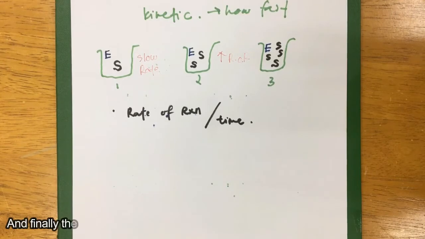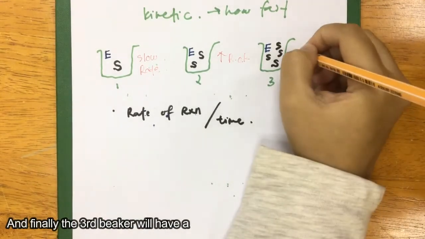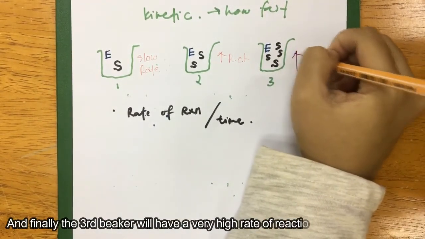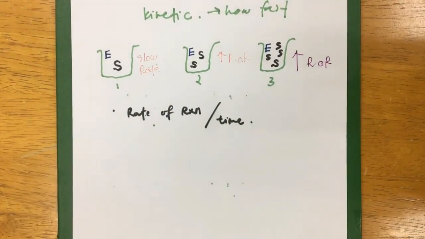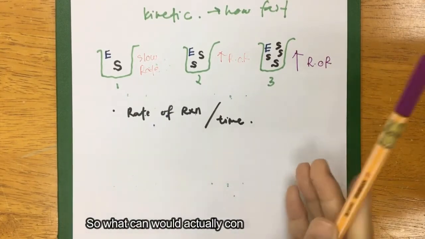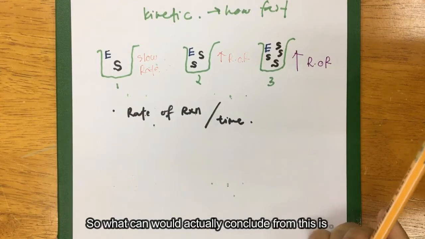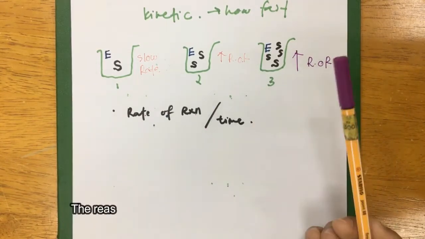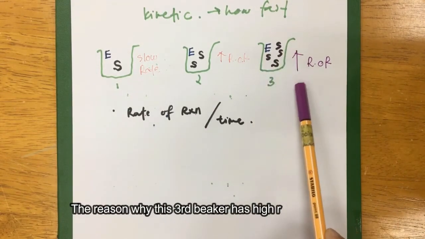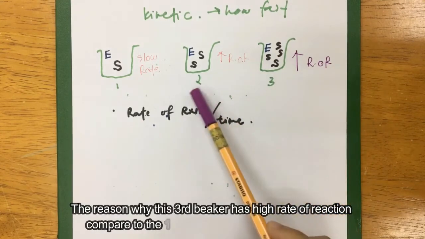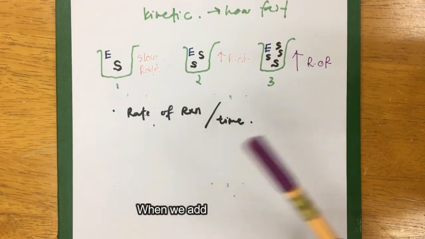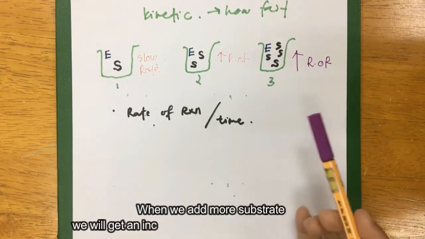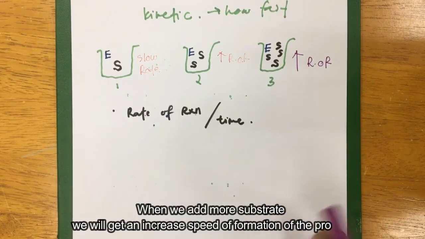And finally, the third beaker will have a very high rate of reaction compared to all these 3. So what we can conclude from this is the reason why this third beaker has a higher rate of reaction compared to the first and the second beaker is because when we add more substrate, we get an increased speed of formation of the product.